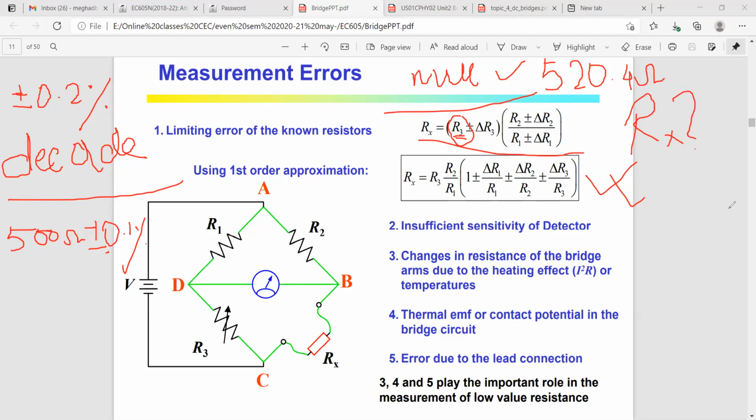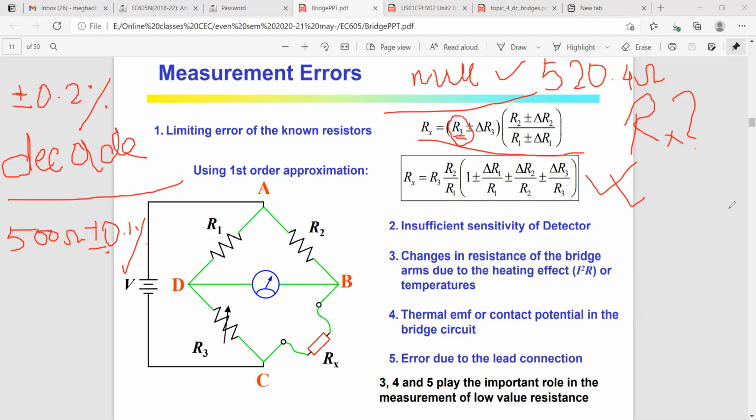In the problem you are given R3, R1, R2. I'm repeating the problem once again. In a Wheatstone bridge circuit, R3 is a decade resistance with a specified accuracy plus minus 0.2%, and R1 and R2 are 500 ohm plus minus 0.1%. If the value of R3 at the null position is 520.4 ohm, determine the possible minimum and maximum value of Rx.